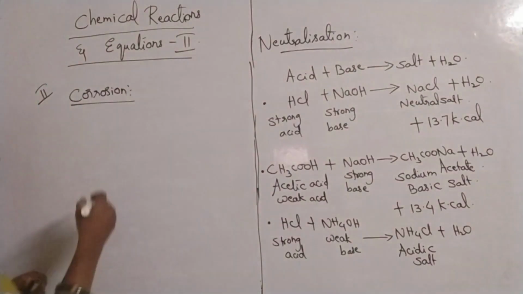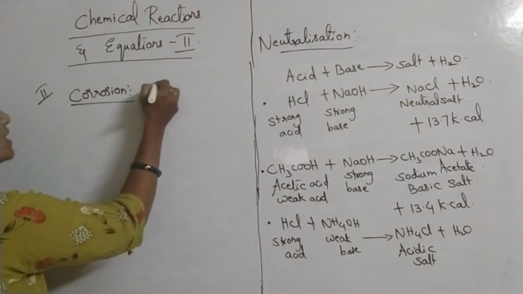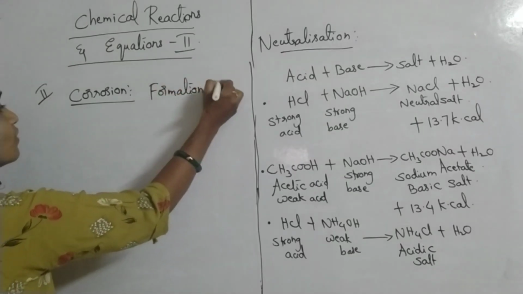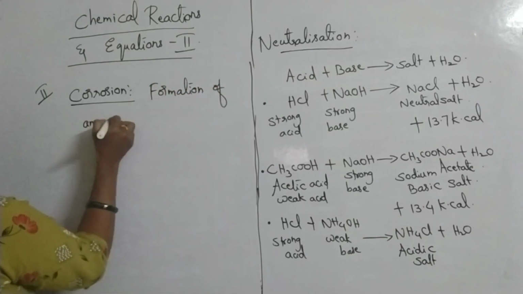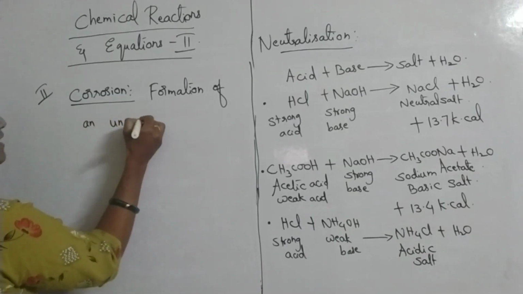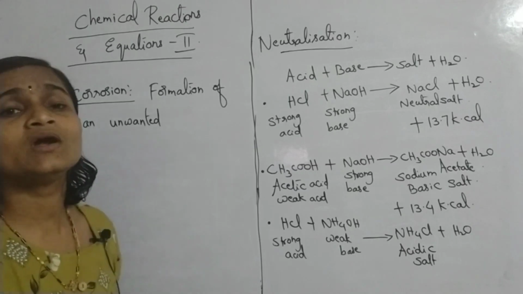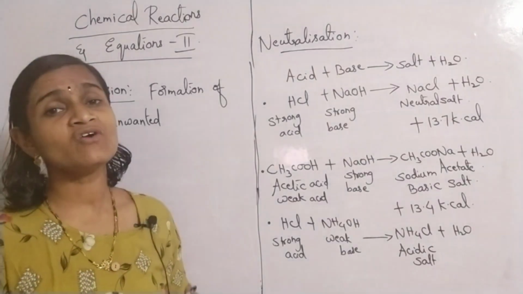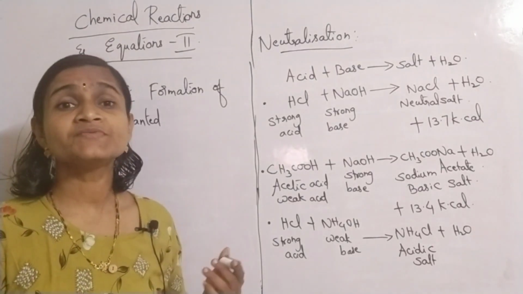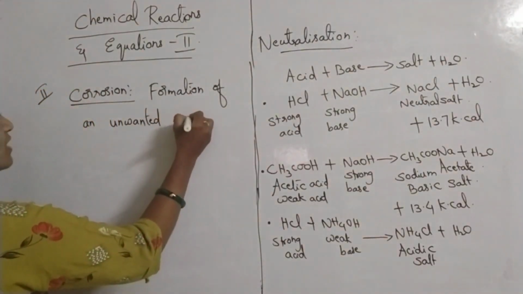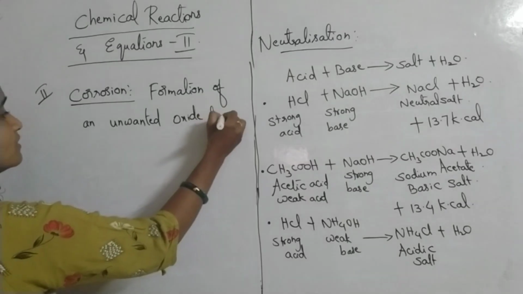That spoils the metal. So corrosion reaction means formation of an unwanted oxide layer. Or you can even define it as eating away of metals by atmospheric oxygen. Unwanted here means the oxide layer.